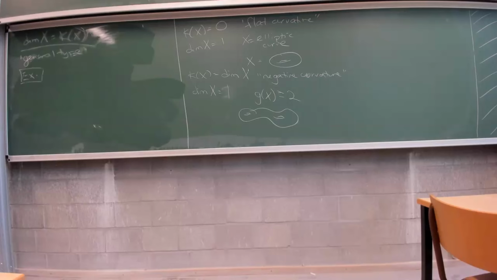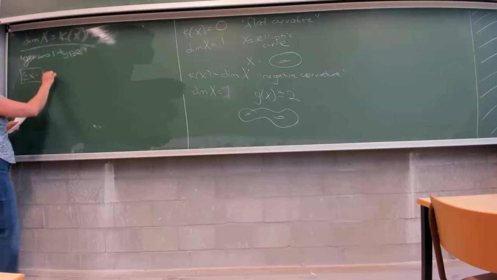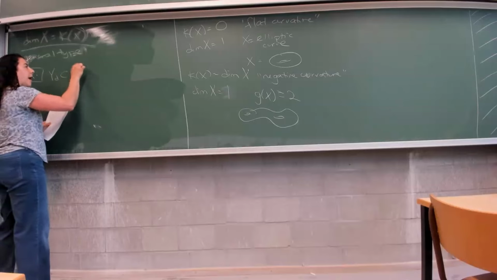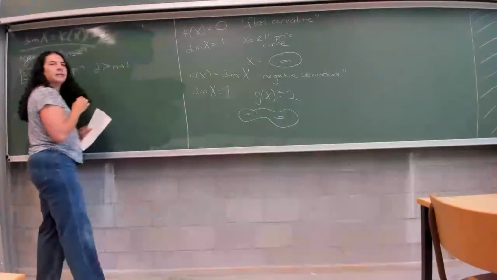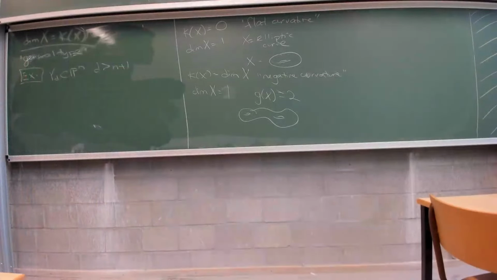Well, if I take high enough degree hypersurfaces in projective space, I get something general type. So if I look at Y_d inside of P^n, for d greater than n plus 1, this is general type. And so in a sense, you can think of this statement as saying most hypersurfaces are general type.